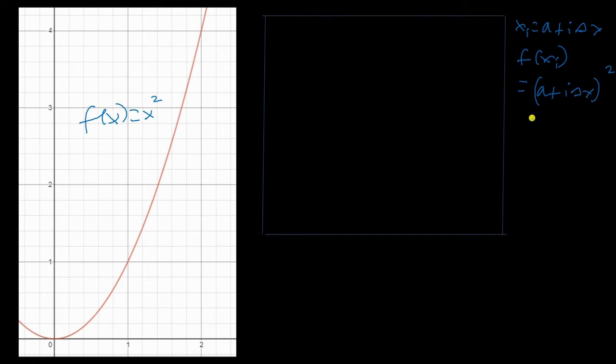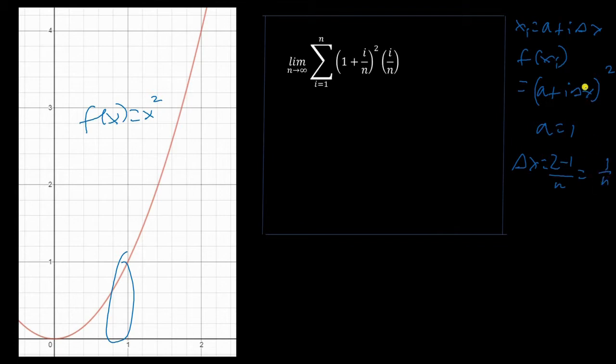In our case, a is going to be 1 since we're starting at 1. We also need the delta x, so a is 1, and then the delta x is going to be my final point minus my initial point over n, which is 1 over n. So plugging this into our limit form is going to give us this.